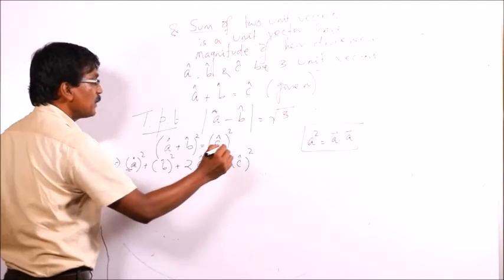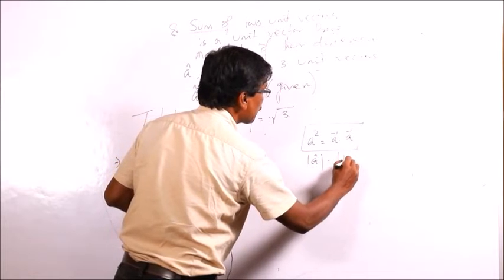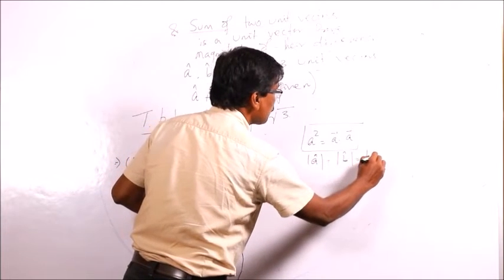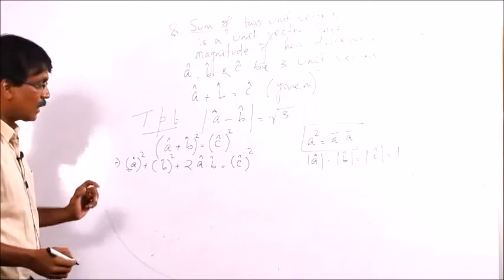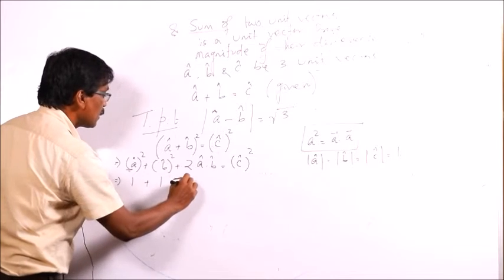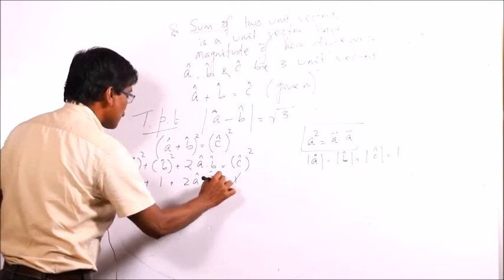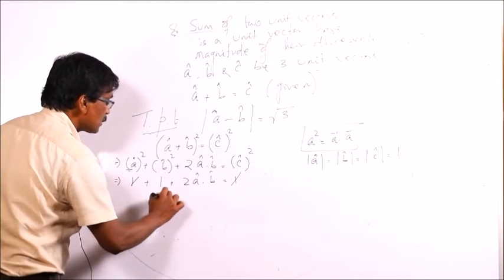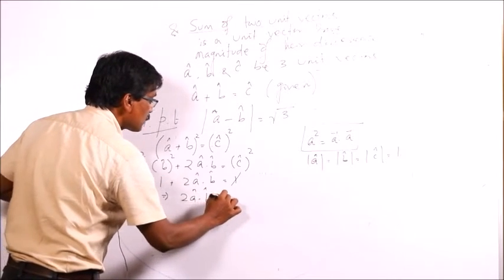Now A cap is a unit vector, so its magnitude is 1, B cap is a unit vector and C cap is again a unit vector, so each has magnitude 1. Now A cap square is 1, B cap square is 1, C cap square is 1. So 1 cancels out 1. So this implies 2 A cap dot B cap is equal to minus 1.